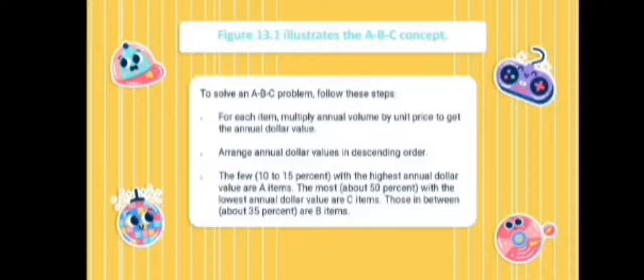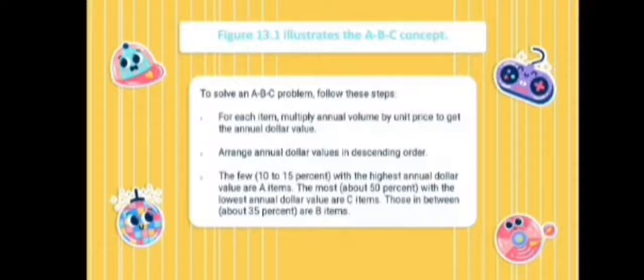To solve an ABC problem, we have to follow these steps. First step is, for each item, multiply annual volume by unit price to get the annual dollar value. Second step, arrange annual dollar value in descending order. Third step, the few, about 10 to 15%, with the highest annual dollar value are A items.